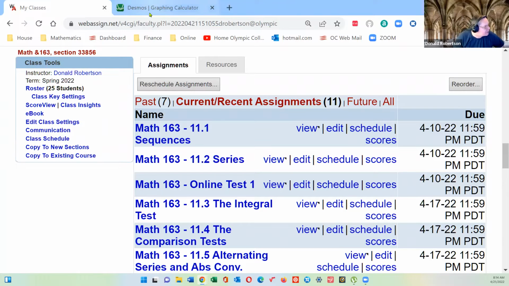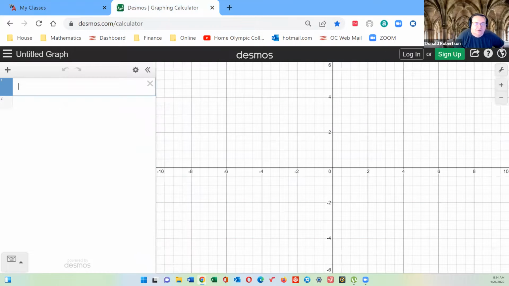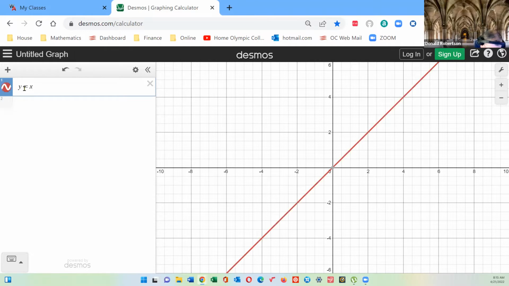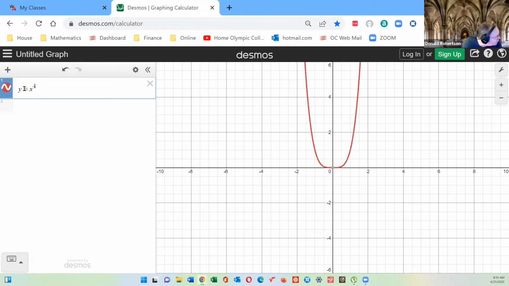So let me kick into Desmos. And I think I'm going to have to go out and in to make that happen. Right, you should be looking at Desmos right now. Yes? Okay, so you go y equals x to the 4 plus 4x.